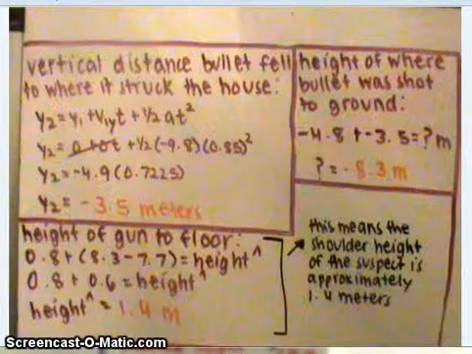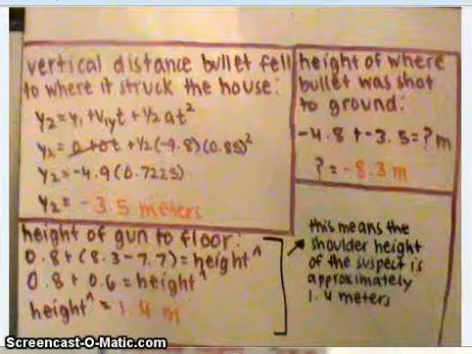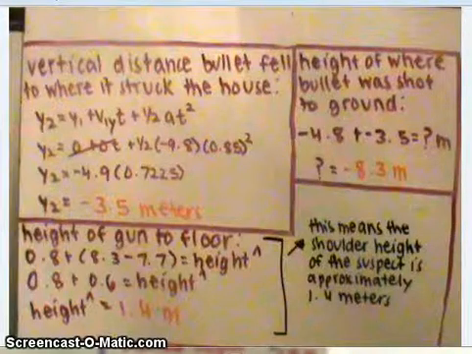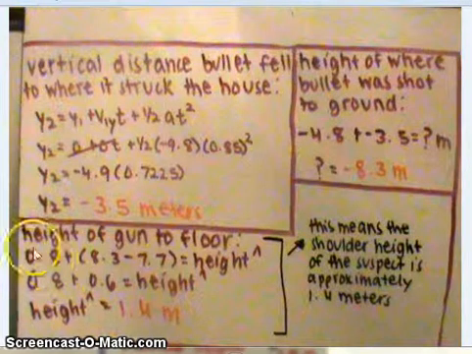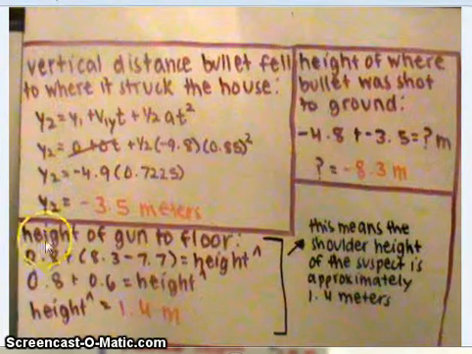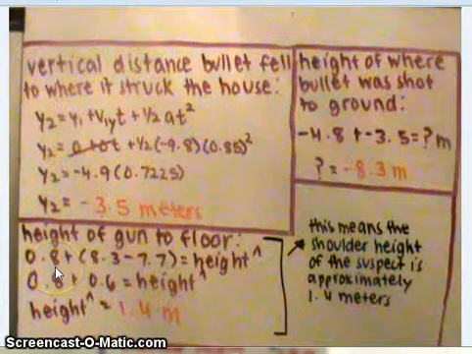Then to find the height of the gun to the floor, I added the bottom of the 3rd floor window height to the floor to the height difference between, so I added this to this to get the height of the gun to the floor.